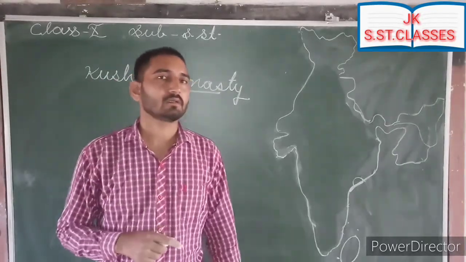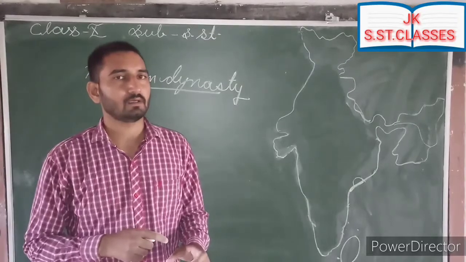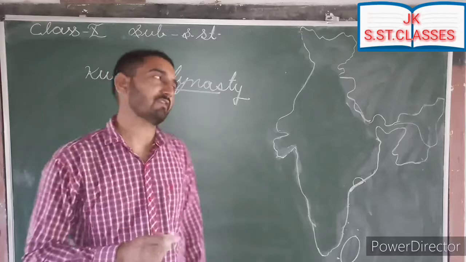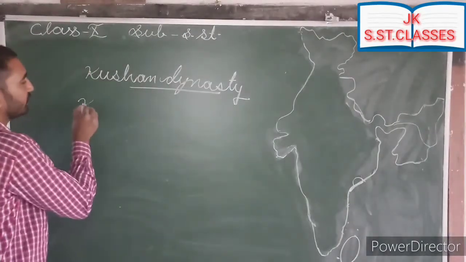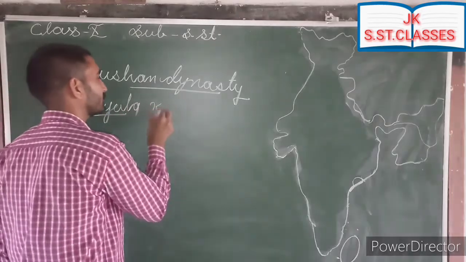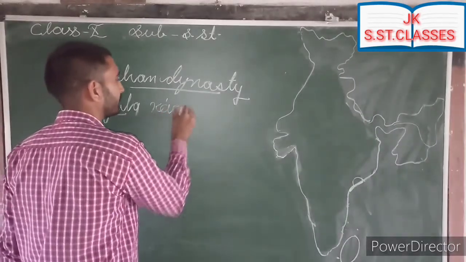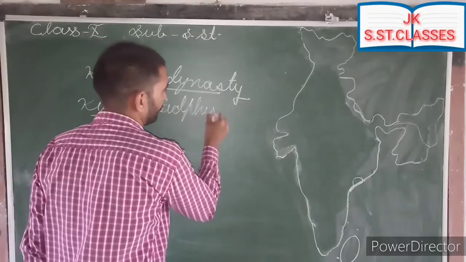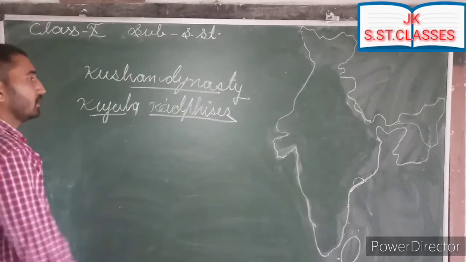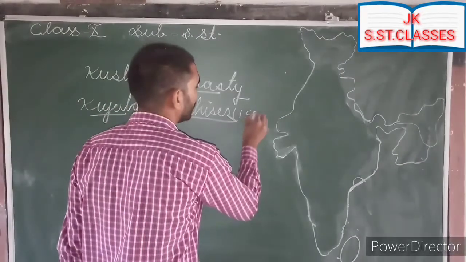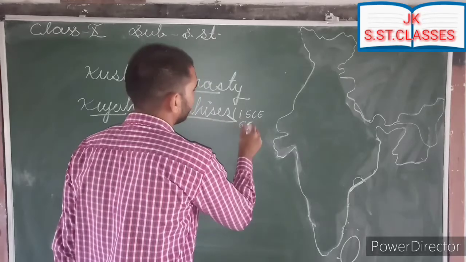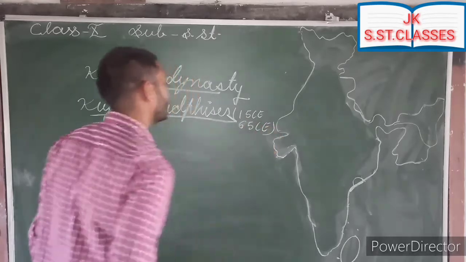Okay, so the first ruler, or the founder of the glory of this dynasty, was Kujula Kadphises. So first of all, here we are going to discuss Kujula Kadphises. Kujula Kadphises ruled from 15 Common Era to 65 Common Era.